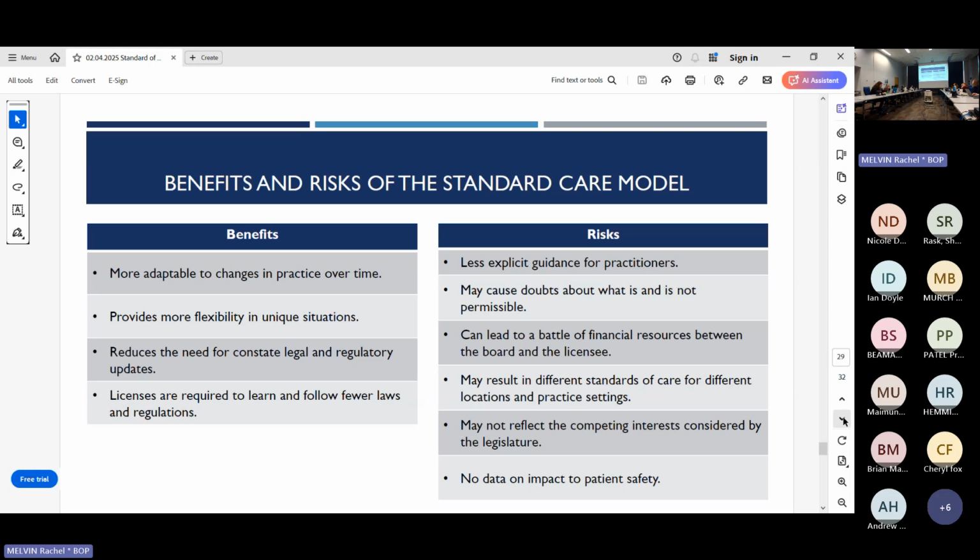So there would be a constant need, if things go to hearing, for that back and forth. It may result in different standards of care, again, depending on the practice setting. It may reflect the competing interests considered by the legislature, or it may not, rather. And the big thing here is currently there's no data on the impact to patient safety.